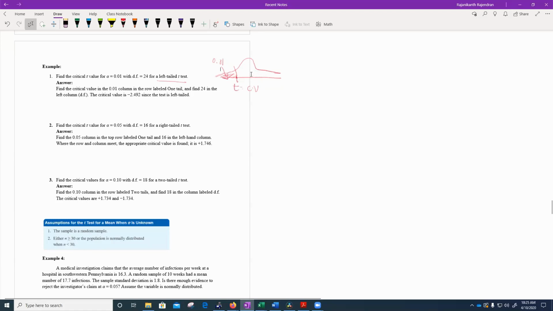If you look at this picture, remember I told you earlier, this picture is much similar to the z distribution. Suppose this area is 0.01, and this value, let me call it t1. This value and this value, what is the similarity of these two values? Could you tell me?